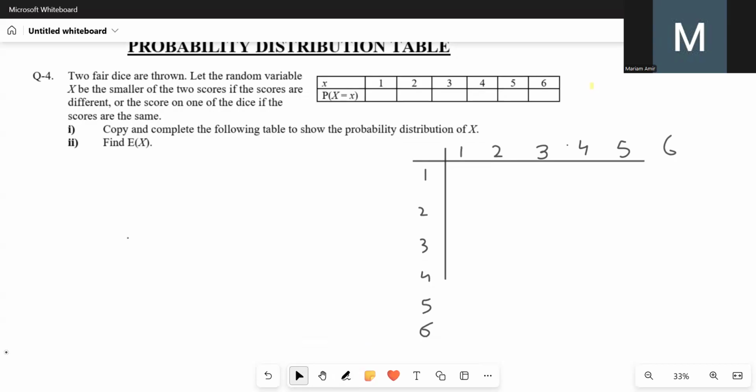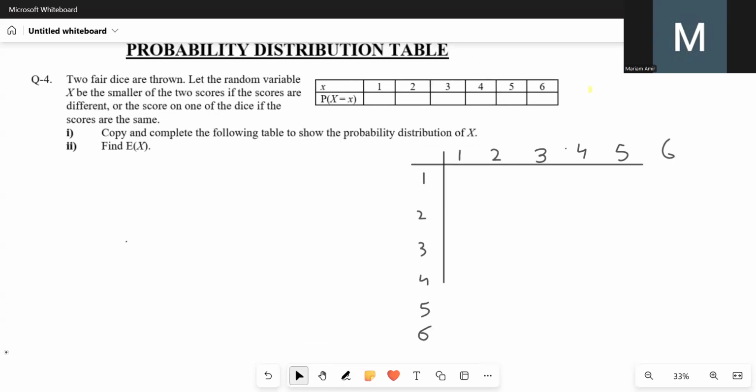So when we get 1 and 1 on both the dice, the score is going to be just 1. For 1 and 2, the score will be the smaller number 1. For 3 and 1, sorry, it's going to be 1. For 4 and 1, 1. 5 and 1, 1. And for 6 and 1, it's going to be 1 as well.